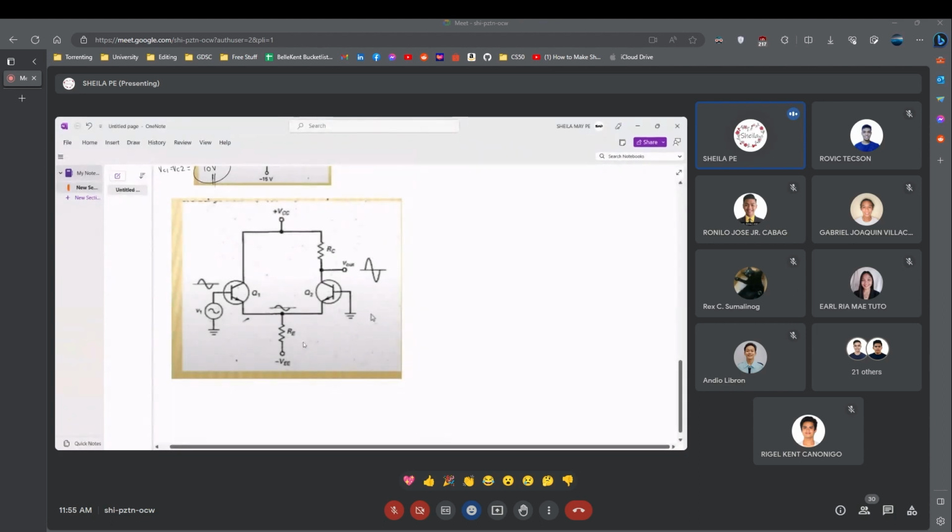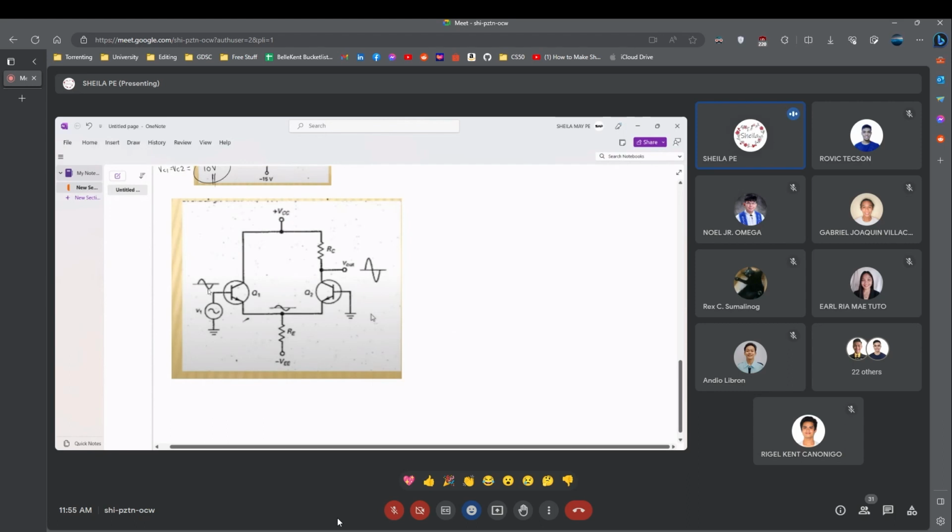What does that mean? Okay, so if we have an input waveform in here, at positive half cycle, follow my arrow. If the output voltage goes through the positive cycle, then there is a positive voltage.